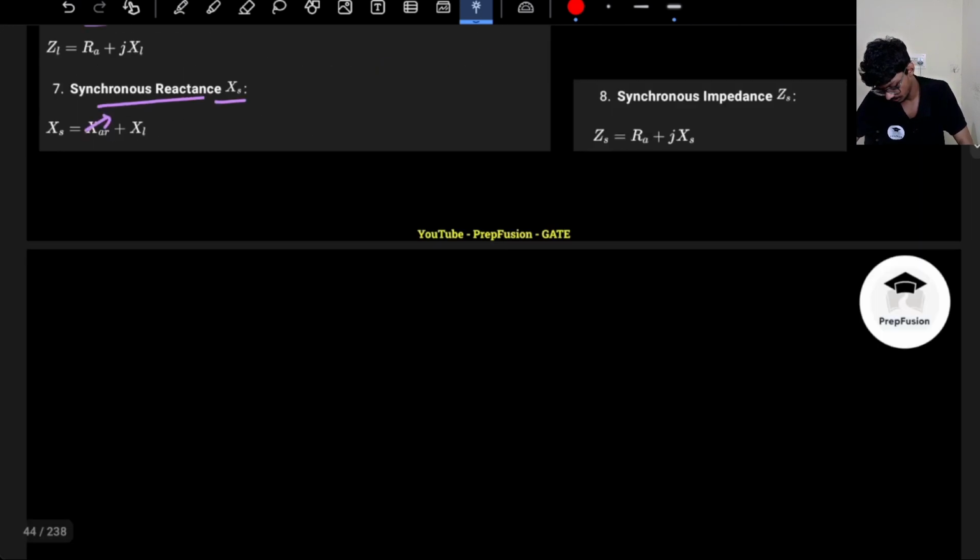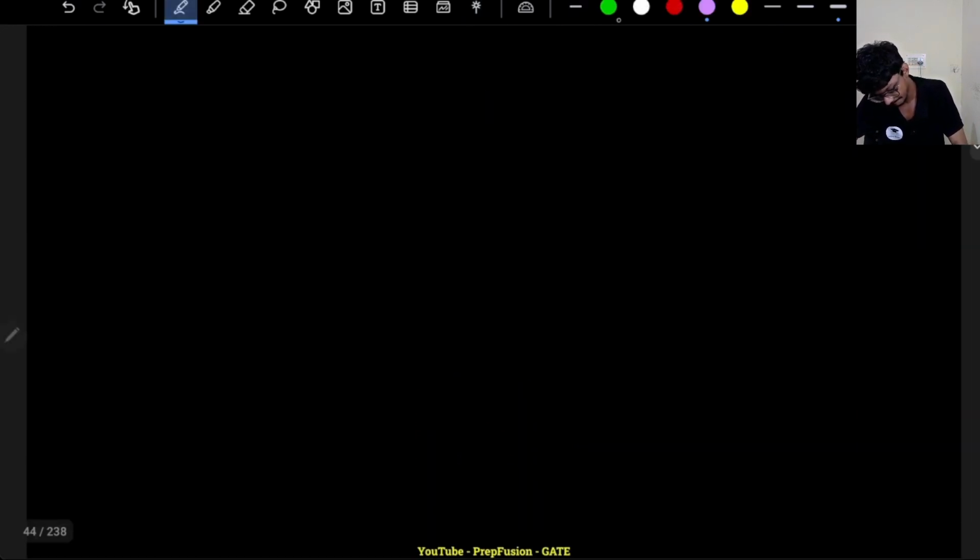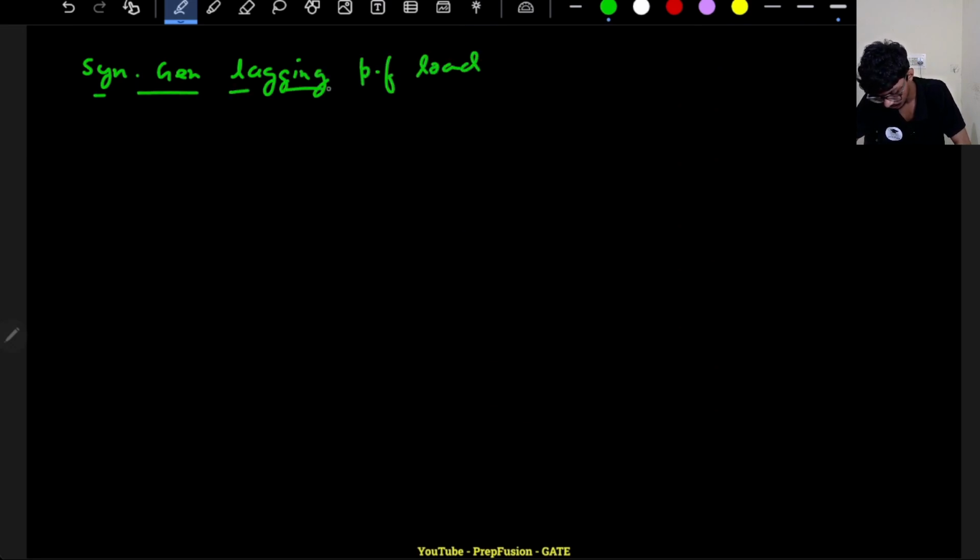So let's start with a synchronous generator with a lagging power factor load. Do you remember what used to happen with a lagging power factor load? What used to happen to the synchronous reactance? Do you remember it?